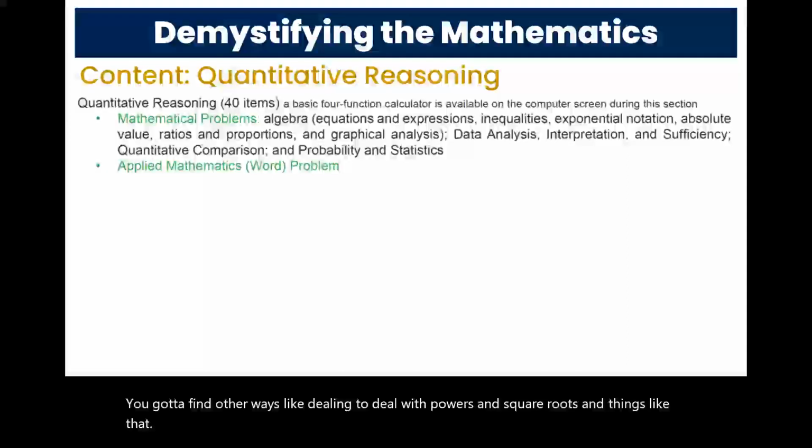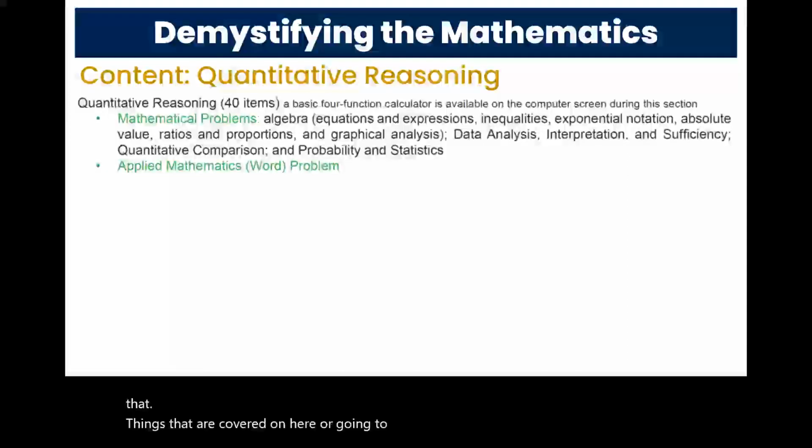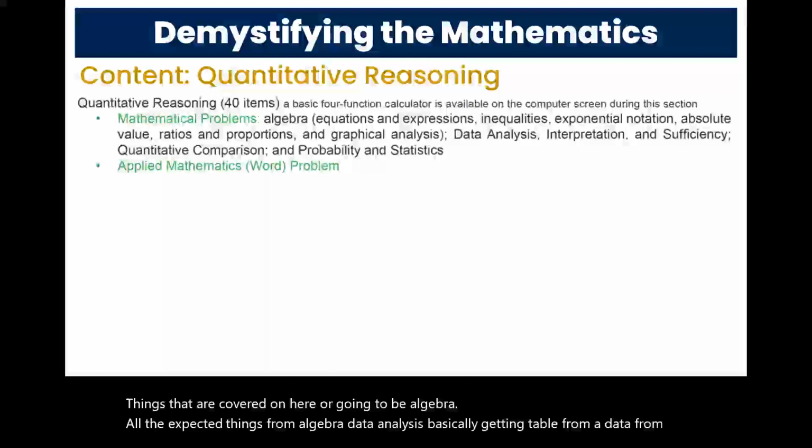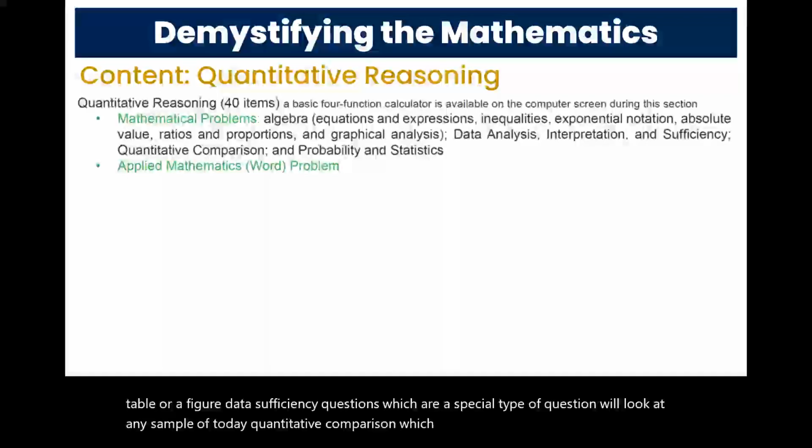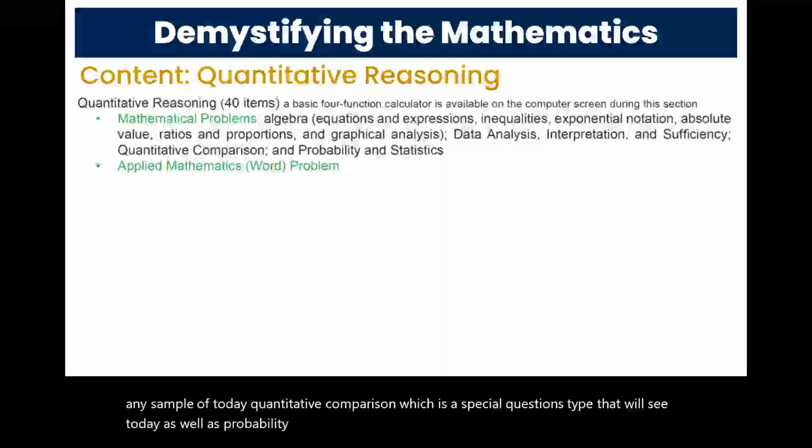Things that are covered here are going to be algebra, all the expected things from algebra, data analysis, basically getting data from a table or a figure, data sufficiency questions, which are a special type of question we'll look at an example of today, quantitative comparison, which is another special question type we'll see today, as well as probability and statistics. Notice no geometry, no pre-calc, no trigonometry.